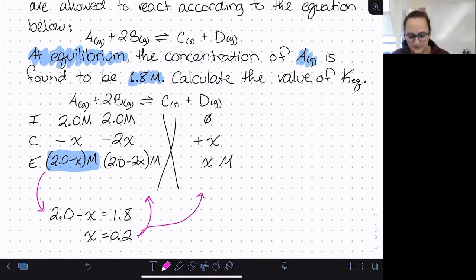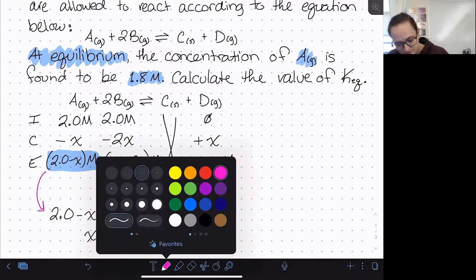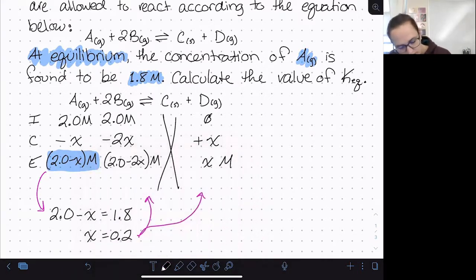The whole point of setting up ice tables the way that we do, using the coefficients here, is that x is the same everywhere. X has one value for the whole table. So once we know that x is 0.2, we can plug it in to each of these expressions. This concentration, 2 minus x, is equal to 1.8.